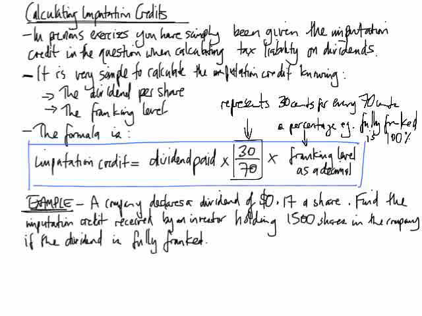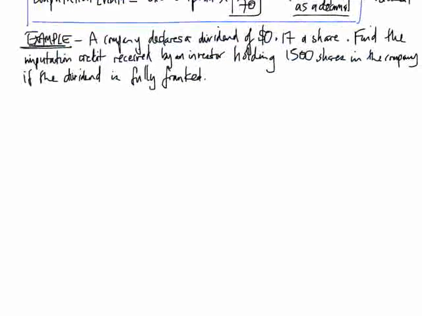What would 100% be as a decimal? Jump the decimal place that many times, so it's 1. Fully franked is 100%, so 1 as a decimal. And as normal, this franking level is always expressed as a percentage, so you convert it to a decimal for this kind of question. So we can get into the example now.